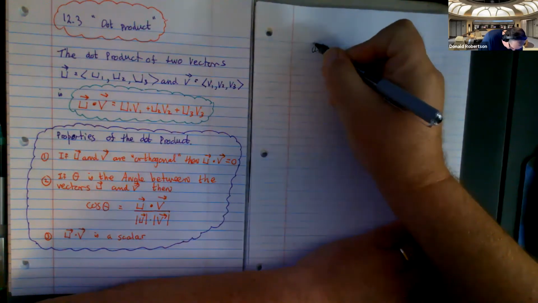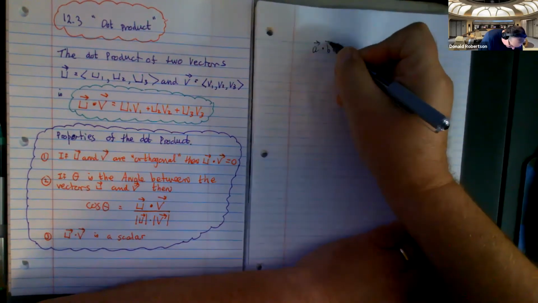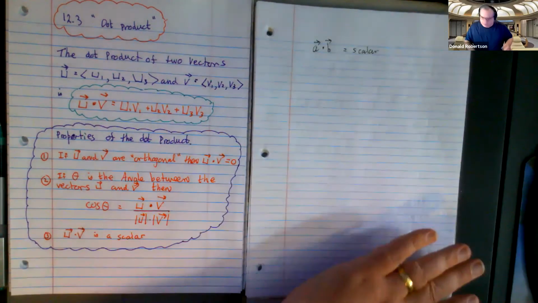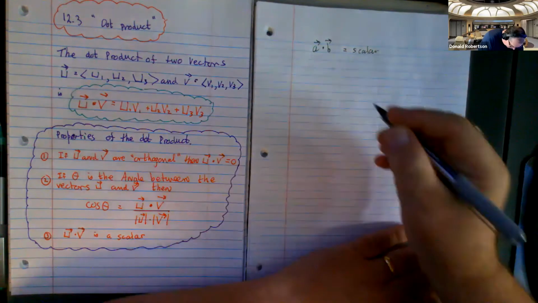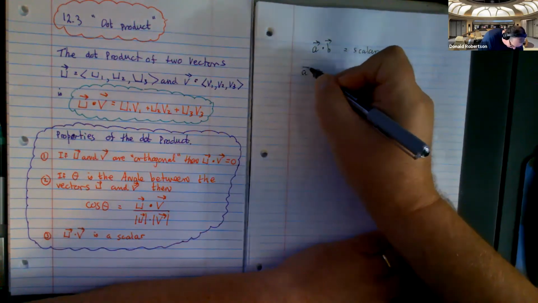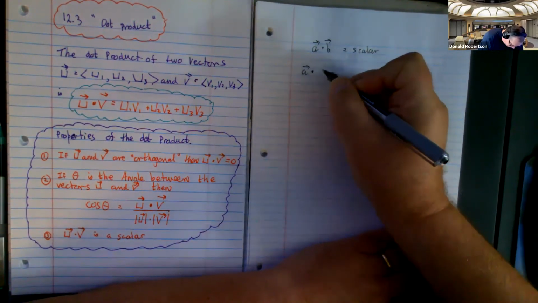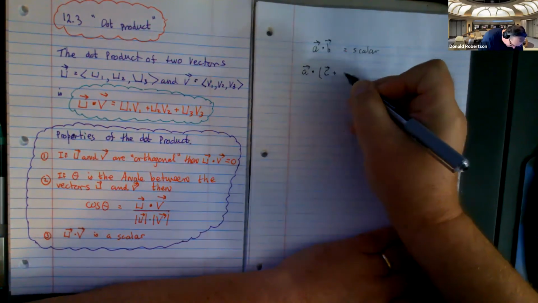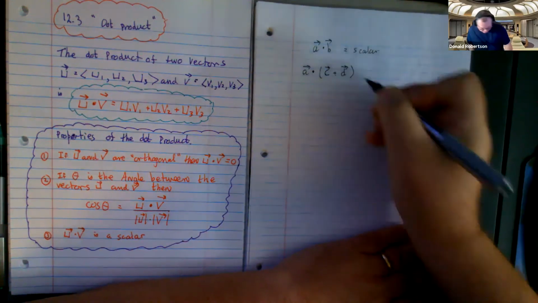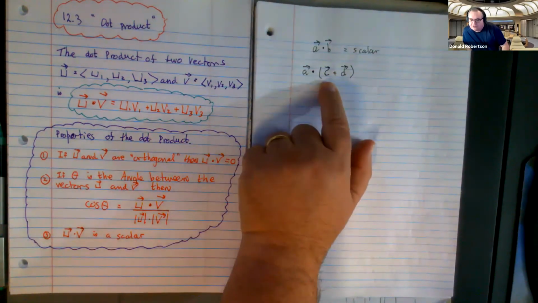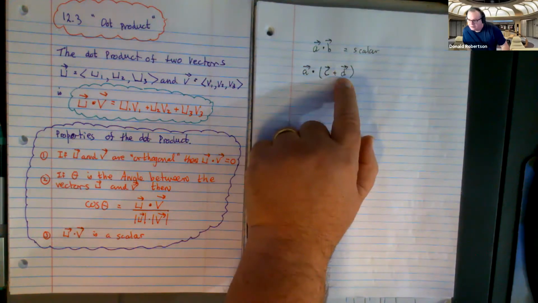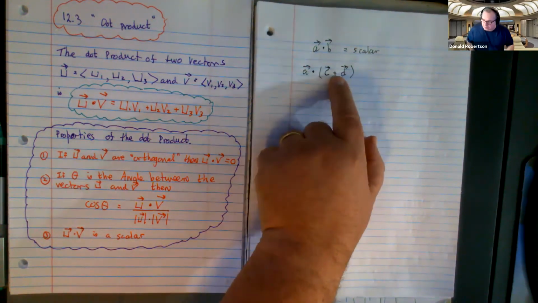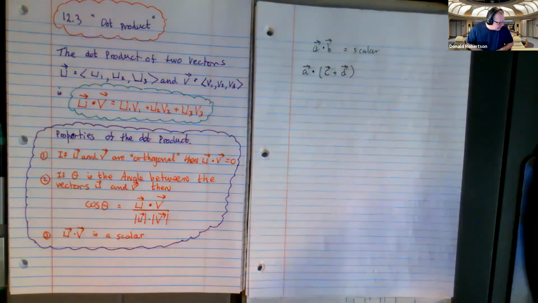Would you agree that A dot B is a scalar, right? It's a number. It's 0, it's half, it's 42. If you were trying to do the dot product of, say, this, that is doable. Would you agree that C and D is just a vector? And then isn't A dot a vector going to exist, right? It's going to be a number, which means it's going to be a scalar.